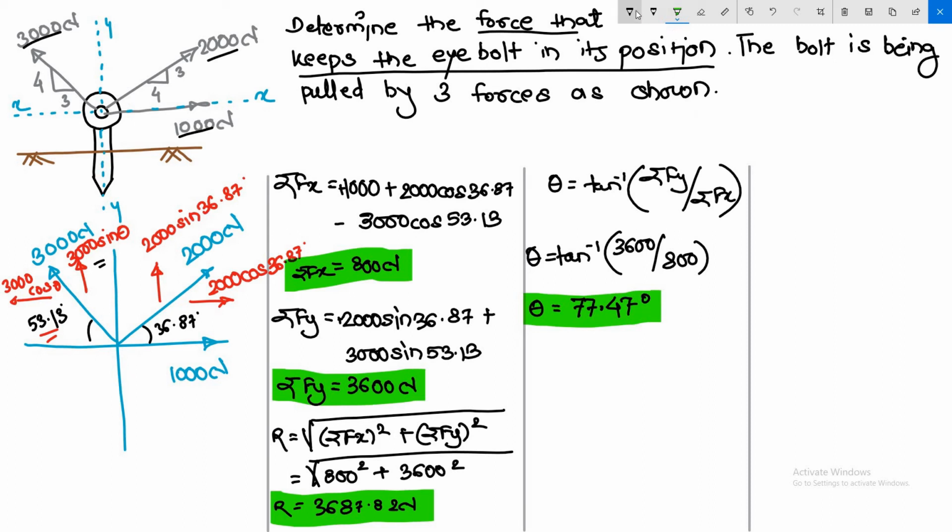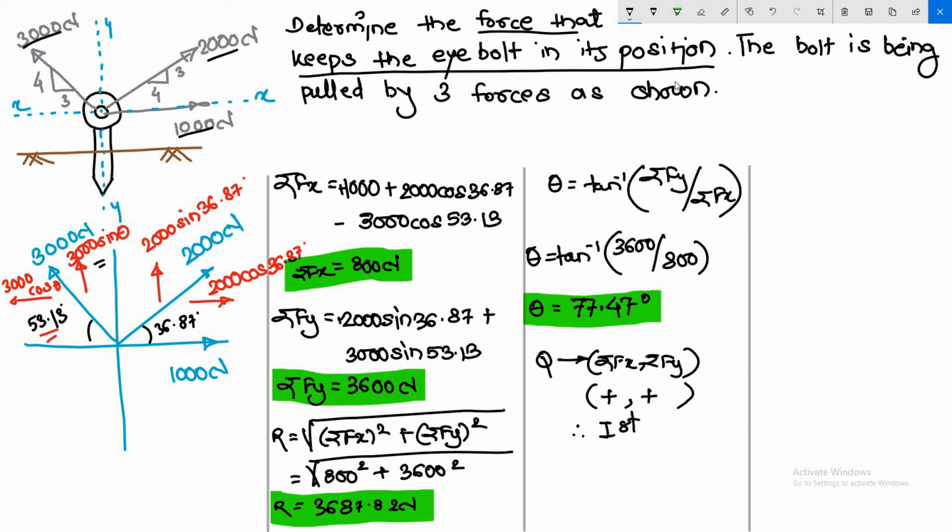Okay, and let's highlight this one. So the second property of the resultant is known now. First was its magnitude, second is its inclination. Now let's find out which quadrant our resultant is going to be in. The quadrant is told by the signs of Fx and Fy. In our problem, the signs of Fx and Fy are both plus, plus. Therefore, the quadrant the resultant belongs to is the first quadrant.